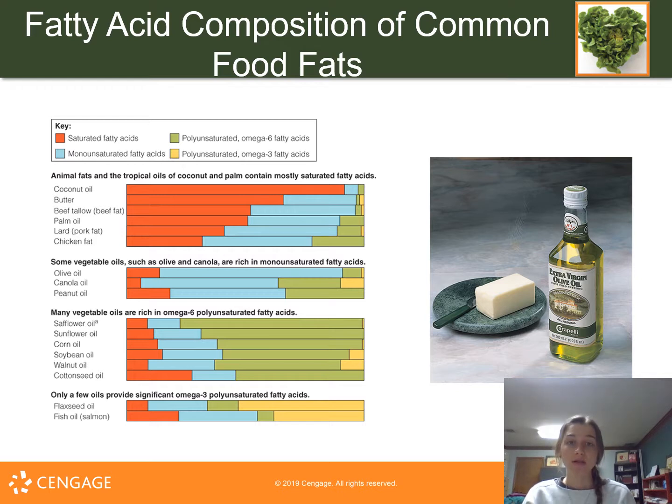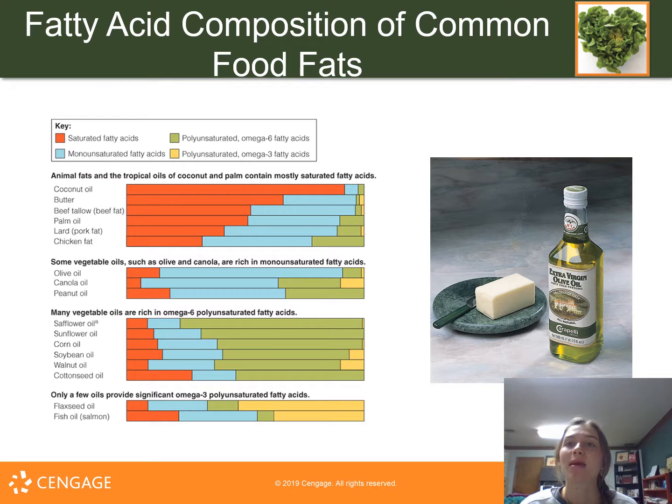So you're going to get more than one type of fat in an oil. If you look at animal fats and tropical oils like coconut and palm oil, those are going to be mostly saturated fatty acids.